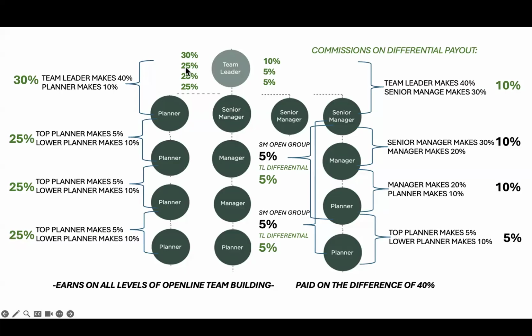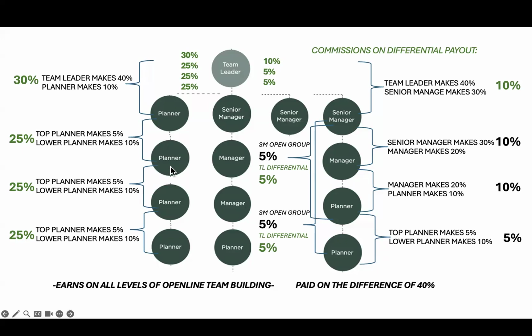Okay. So you're getting paid on all levels up until the next team leader, which is why it's called open group. When it's open and there are no equivalent ranks, that's your money run. Okay. Now let's look at planner number 2 and planner number 3 on the left side. Same thing, right? You're only calculating their level 1 payout.